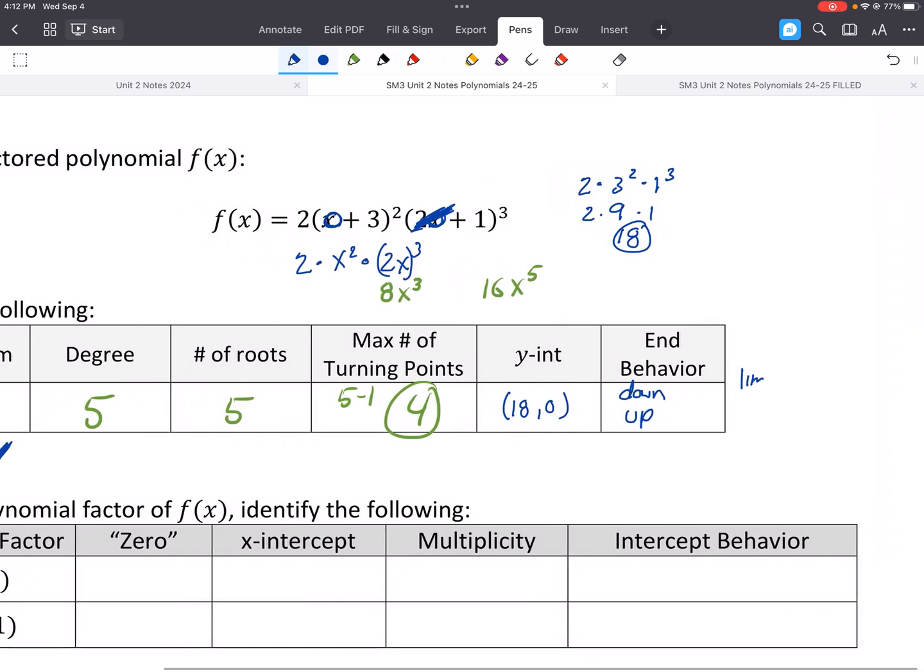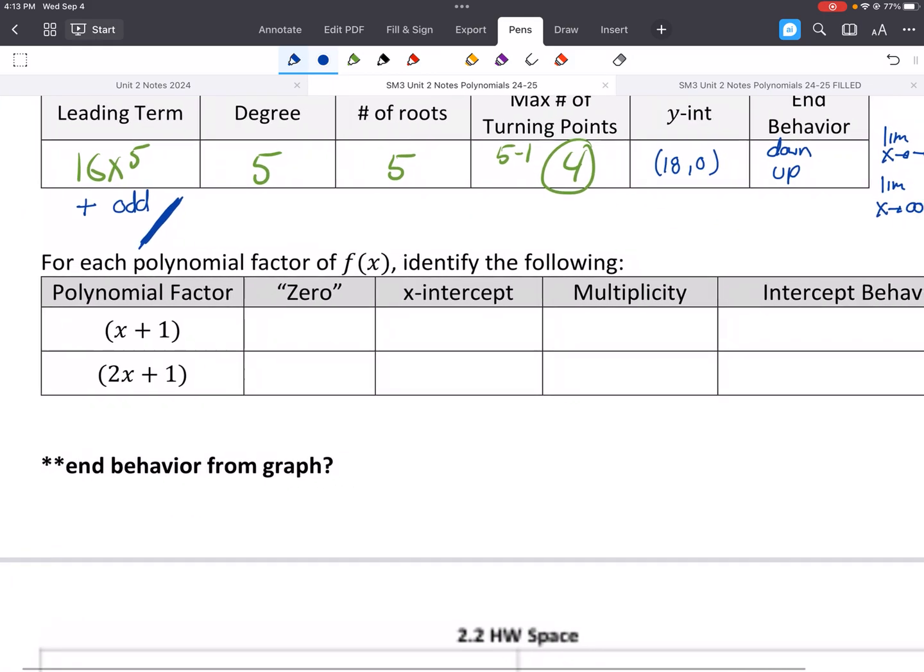So the limit as x goes to negative infinity, so we go to the left, the function goes to negative infinity, that's our down. And as the limit as x goes towards positive infinity, the function goes towards positive infinity, so that's our up. All right, almost there.